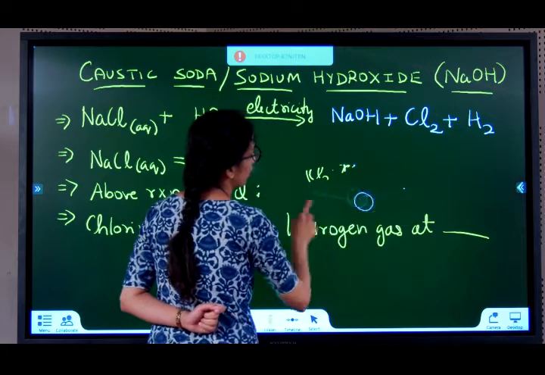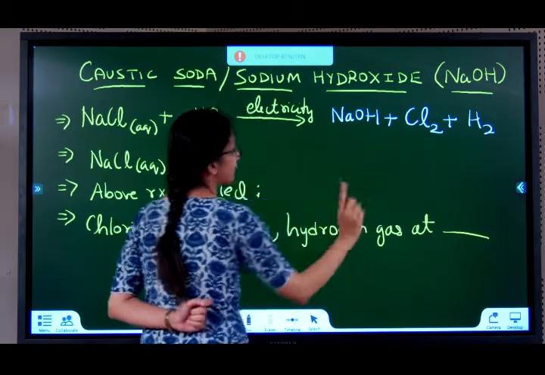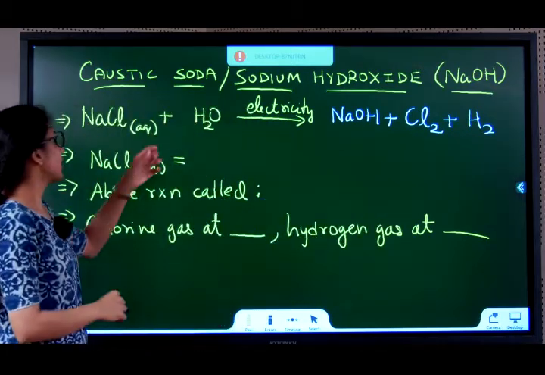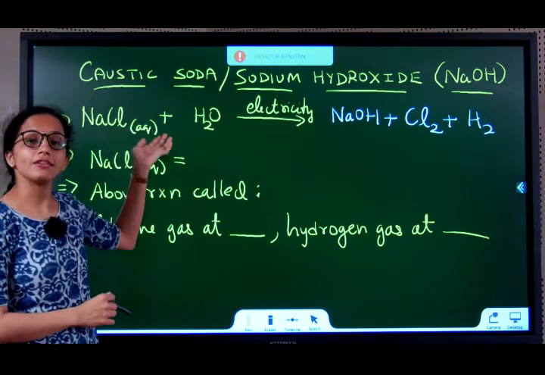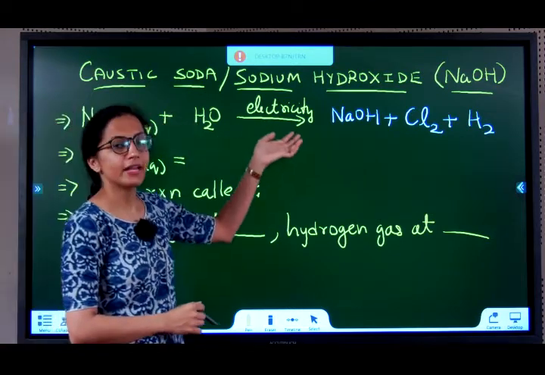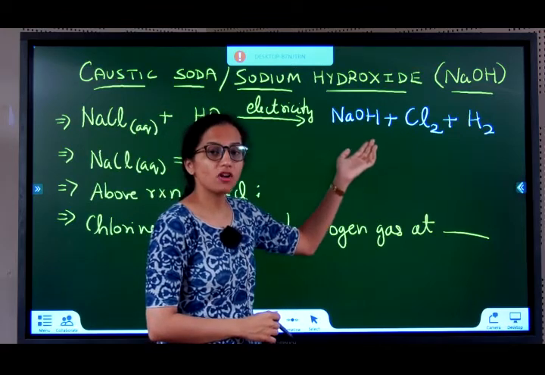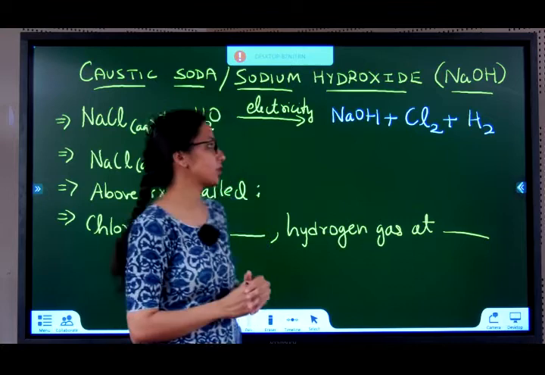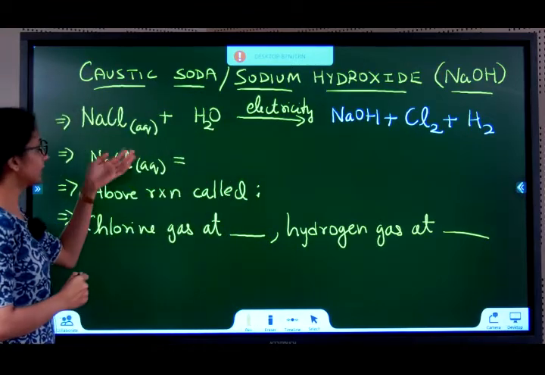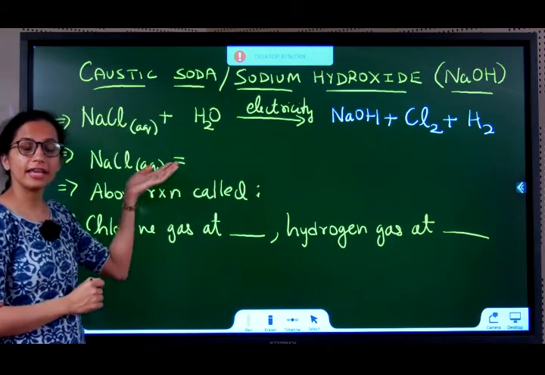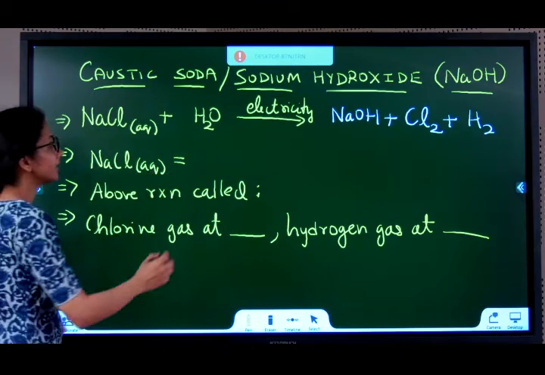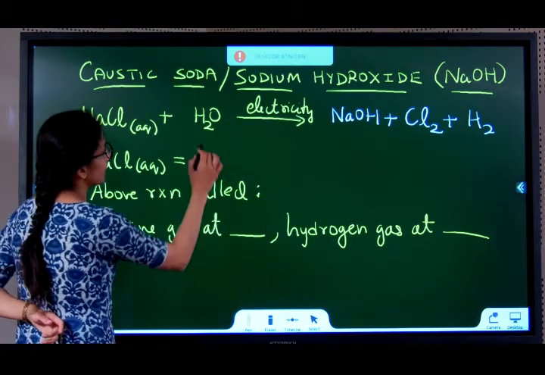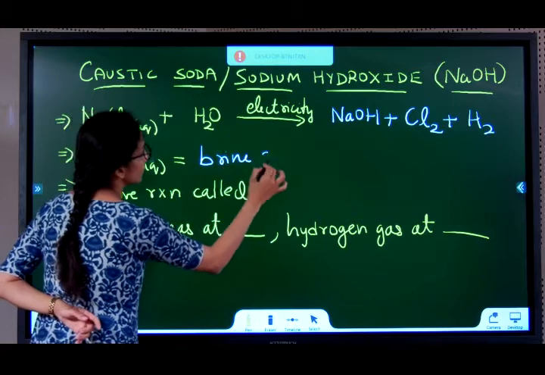You don't have to write so much in detail as to how it splits. Very simple. You have to just say sodium chloride solution on electrolysis gives us sodium hydroxide along with the liberation of chlorine gas and hydrogen gas. This sodium chloride solution, the aqueous solution of sodium chloride, is also referred to as brine solution.